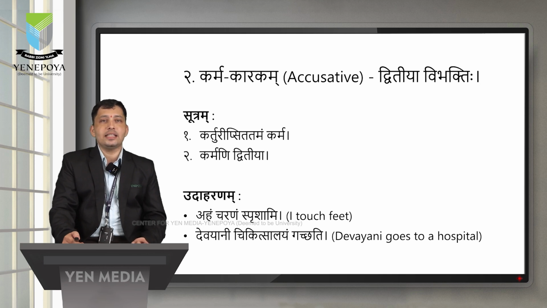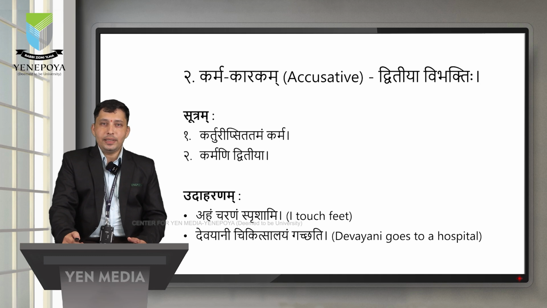The first sentence has Sprashami, meaning the touching action. The touching of feet will be fulfilled, so the word Charanam, feet, is fulfilling the action of touching. That's why Charanam gets Karma Karaka, and that represents Dvitiya Vibhakti.